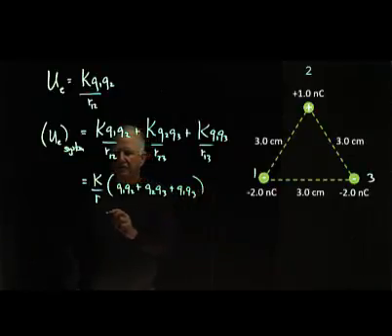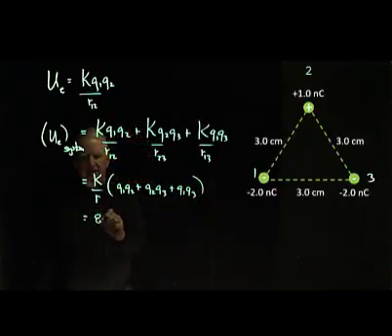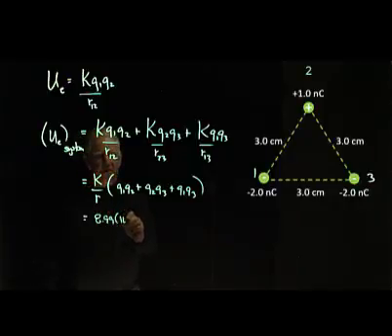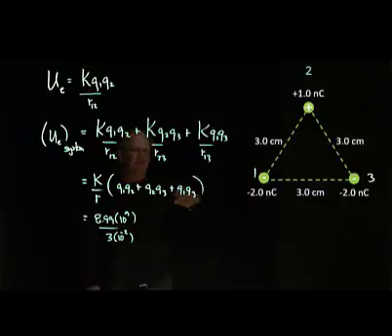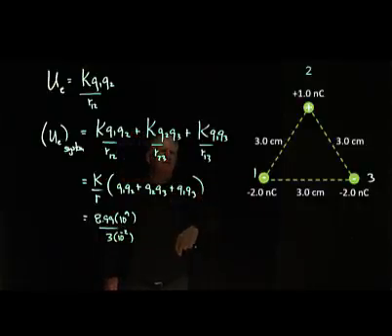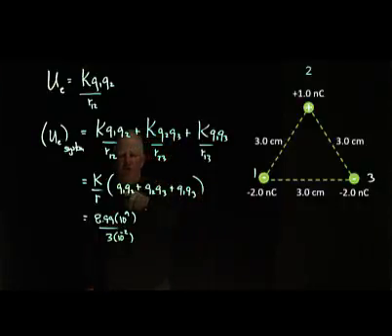And if I insert the numbers now, this is 8.99 times 10 to the 9th, and I'm going to spare you the units. This is in meters, 3 times 10 to the minus 2 meters. And then each one of these charges is a nanocoulomb, so it's got a factor of 10 to the minus 9 multiplying it.